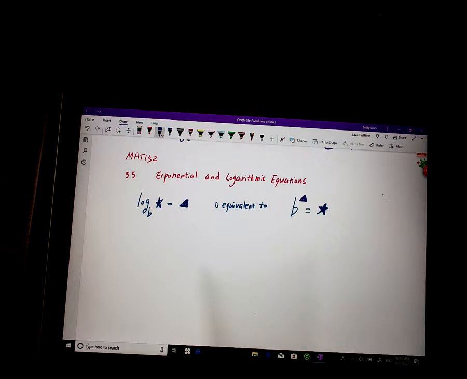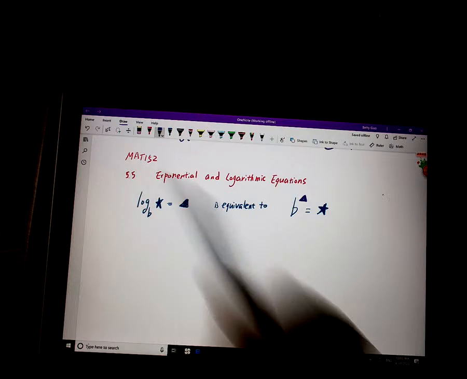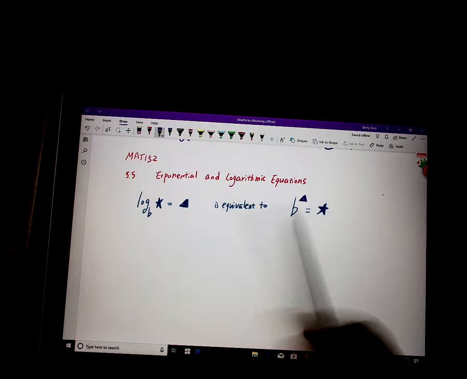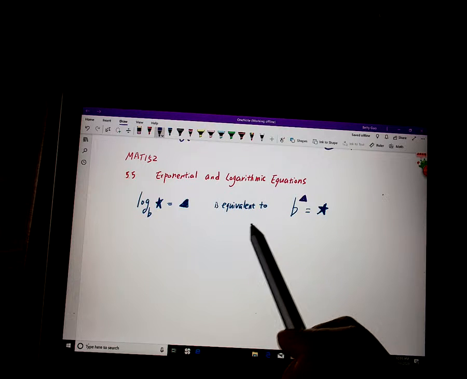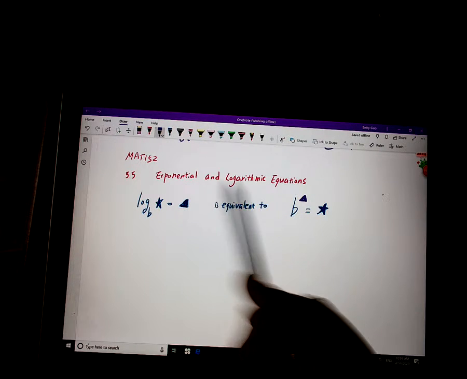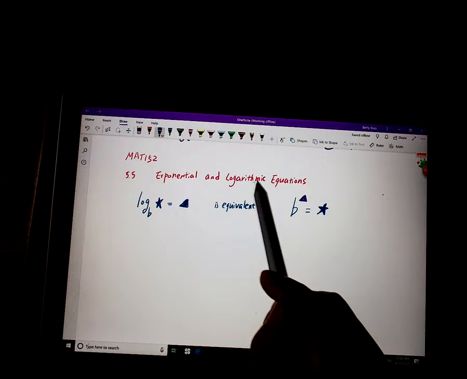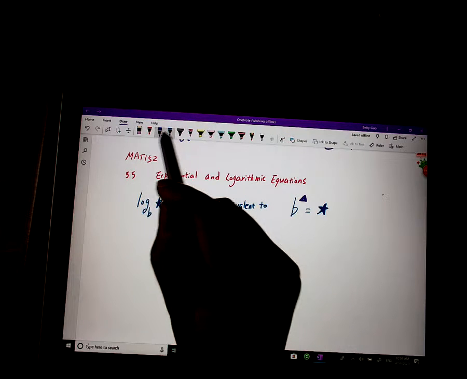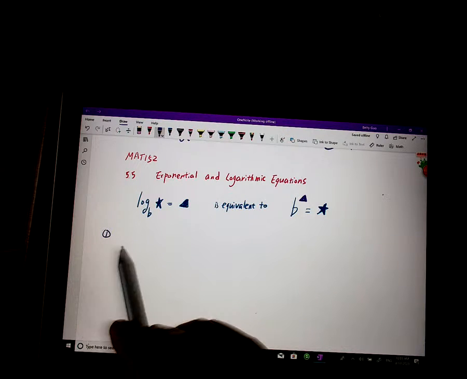We need to know how to convert an equation from logarithmic form to its equivalent exponential form, and vice versa. How do we convert from exponential form to logarithmic form? Well, let's see how we apply this fact or formula to solve exponential or logarithmic equations. Let's see example 1.